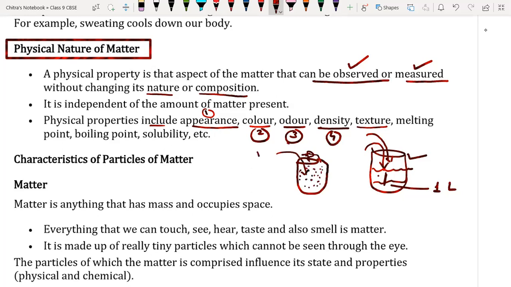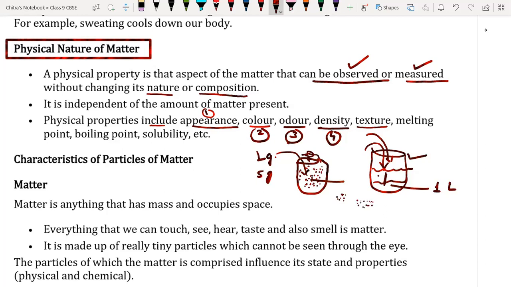If we take 5 liters of gas, it will also acquire the same volume, but here the particles will be very close to each other, so we can say the density of that substance increases. Whatever particles we have, if they are very closely arranged, density will be high. If they are away from each other, density will be low.